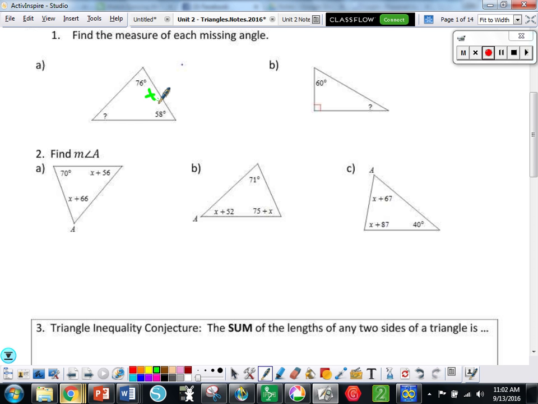When I add those together, what do I get? And if I want to find this missing one, we could call this x if we wanted to. 180 minus 134 is 46.